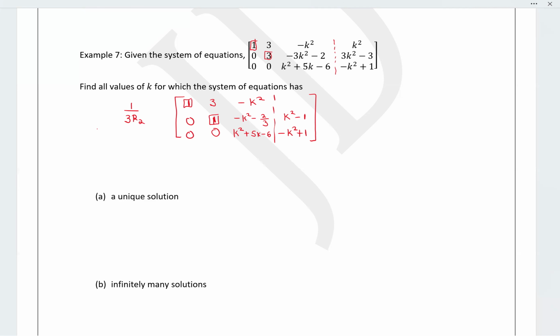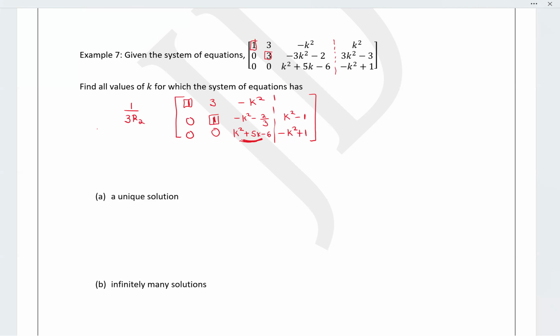So the next is that this is supposed to be 1. You can divide this by itself if we want, but there is really no need for that. If you want a unique solution, everything has to be a leading entry.